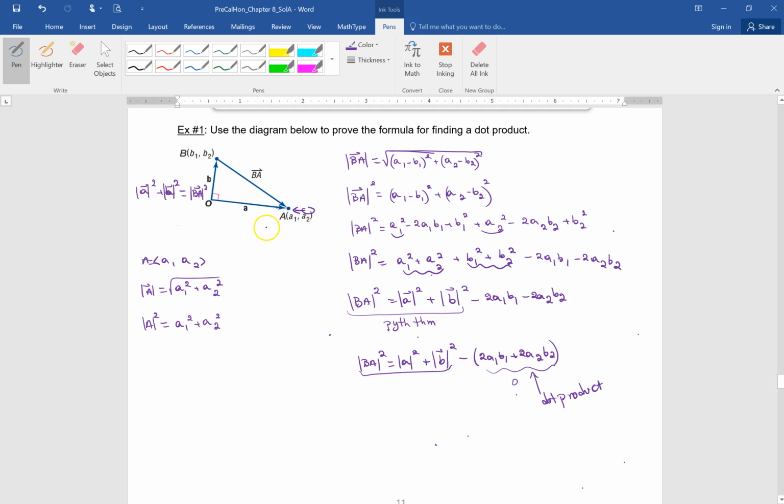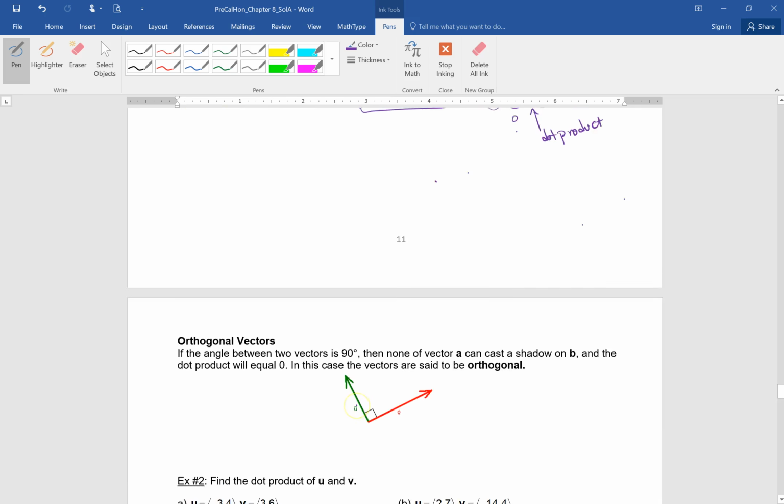And if there is no shadow, the dot product is 0, which means you can apply the Pythagorean theorem. So that's why in your right triangle you can just make that 0. Wait, no shadow meaning it would just fall off the line? Yeah, it'll be perpendicular. If I were shining a light on this, it wouldn't make a shadow because it's just concentrated on a point. So that's where the dot product comes from. That is really amazing.